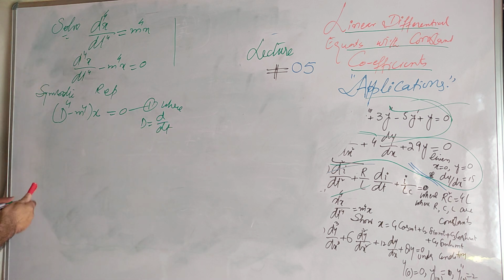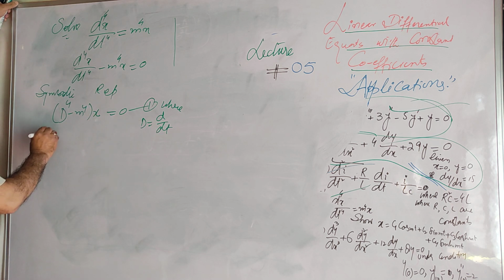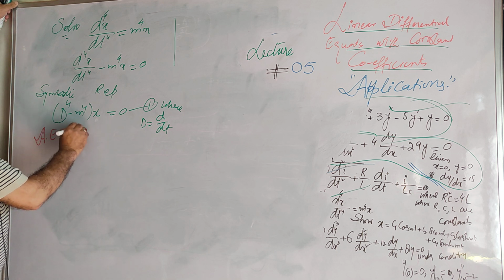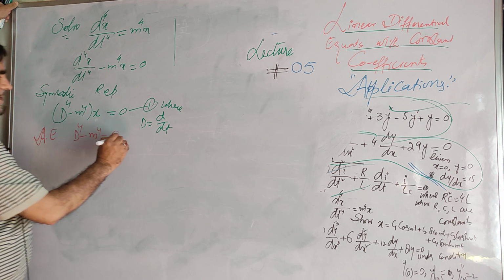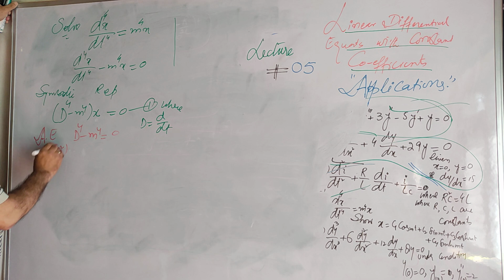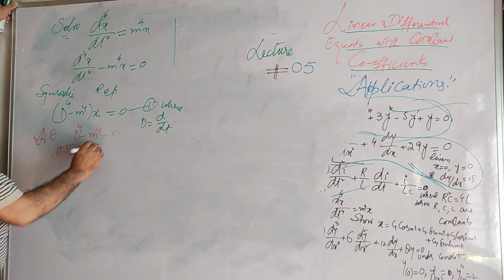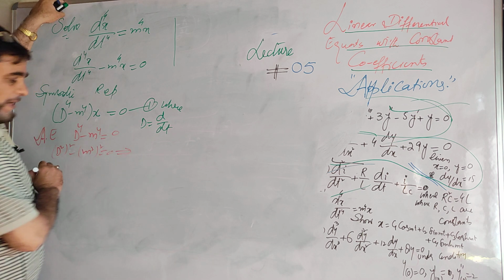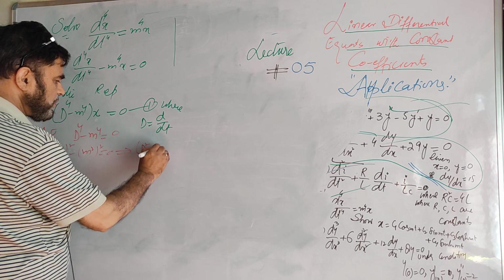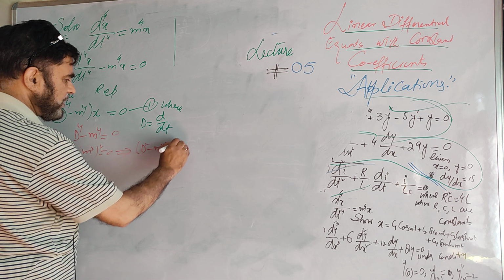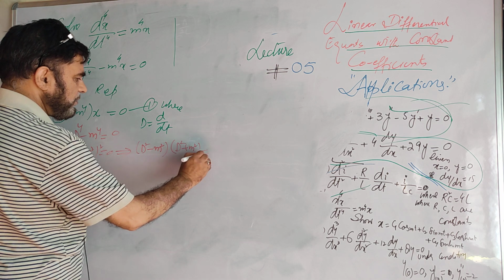Now go ahead. What is the auxiliary equation for this? x is the dependent variable, t is the independent variable. So the auxiliary equation is d4 minus m4 equal to 0. You can write this as d square whole square minus m square whole square is equal to 0. Its factors are d square minus m square into d square plus m square equal to 0.